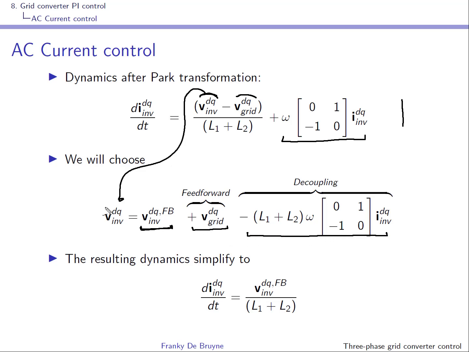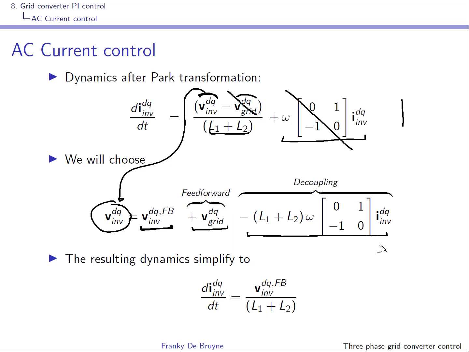If you plug this one in here and replace it in here, this term here will compensate this one, and this term over here, since you divide by this thing, will compensate this coupling term.